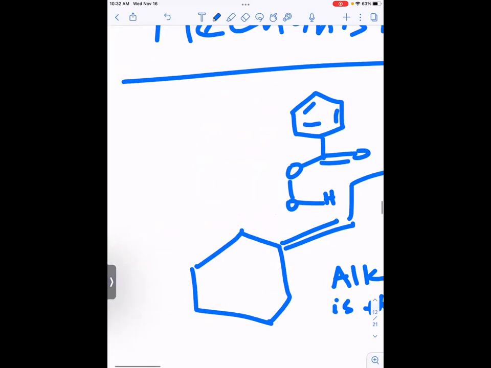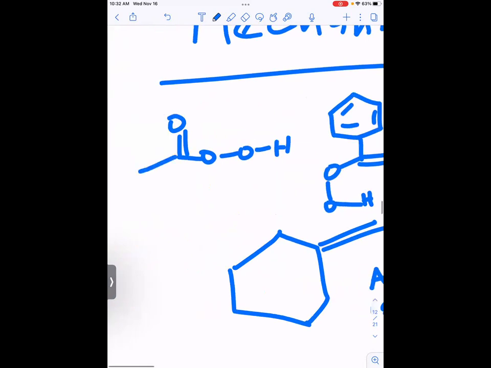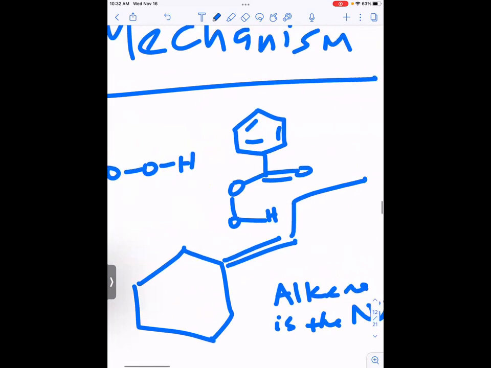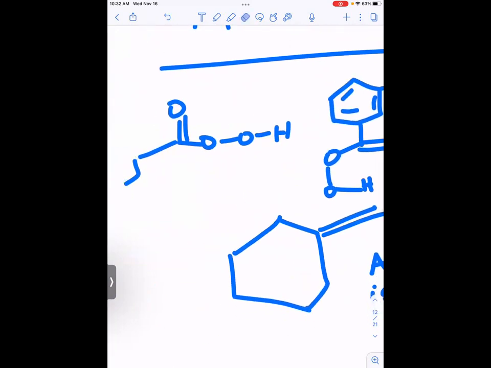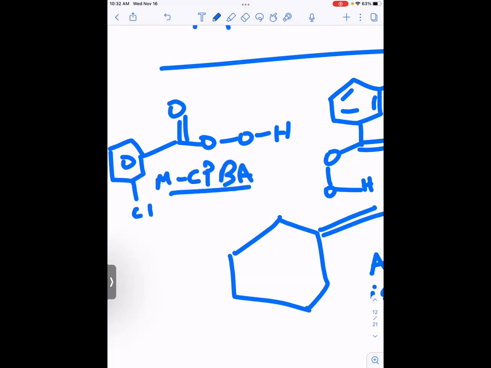Let me draw it out so you can see it. It's a peroxy acid. So it looks like this. And there's a chlorine on it. So this is MCPBA, metachloroperbenzoic acid. This is the part you can see right here. That's where my oxygen is going to come from.